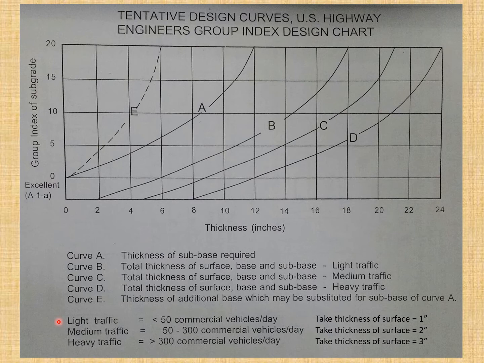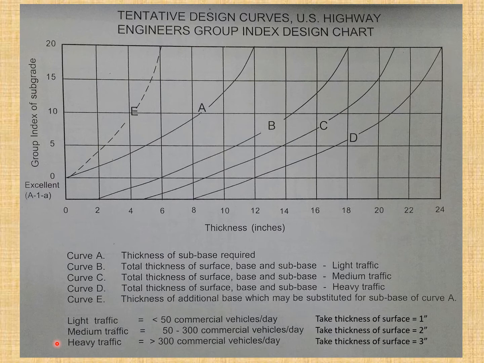Now look at the description given regarding light traffic, medium traffic and heavy traffic. When you are having less than 50 commercial vehicles per day, that traffic can be considered as light traffic. When you are having 50 to 300 commercial vehicles per day, that will be considered as medium traffic, and heavy traffic means more than 300 commercial vehicles per day.